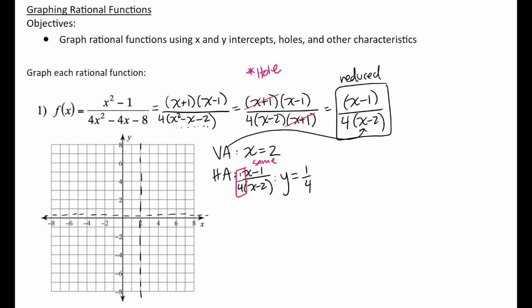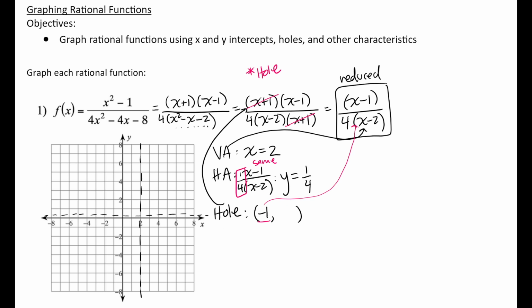Okay, we need some points. Let's start by finding the hole. We have a hole at -1. -1 would make those become 0. So -1 is the x value, and to find the y value, let's take -1 and plop it back in to our reduced function.